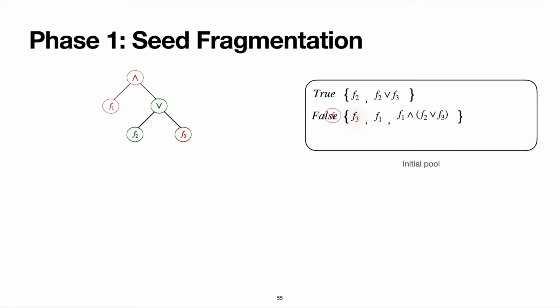So in essence, Phase 1 just recursively evaluates every subformula in the binary Boolean expression tree of f and copies them to an initial pool in either a true or false set based on their evaluation. Once we have our initial pool, we can move on to Phase 2.